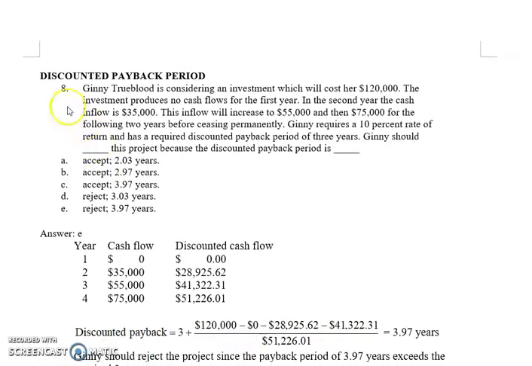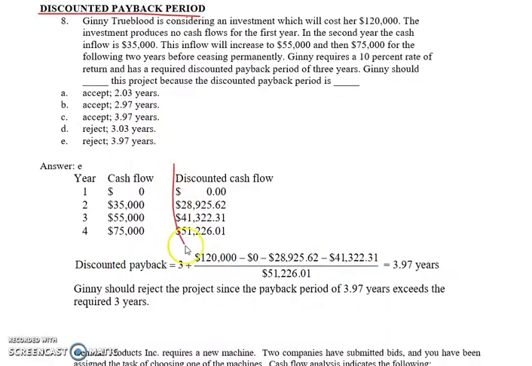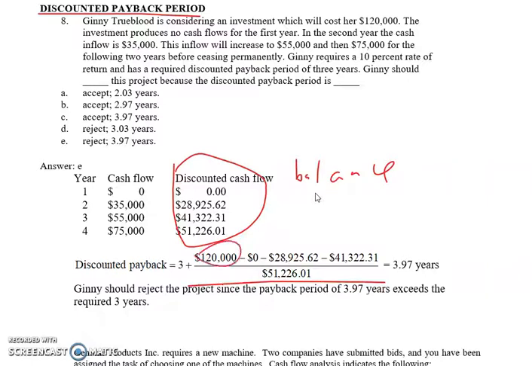Question 8, discounted. This talks about the discounted payback period. Again, you calculate the discounted cash flow for each year, and then we calculate the balance. You can do each year, or you can do the formula like this. You start from year 0, and this is year 1, year 2, year 3. After year 3, the balance is still negative, but after year 4 it is positive. So we stop at year 3, between year 3 and year 4.